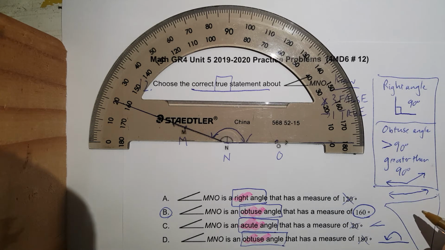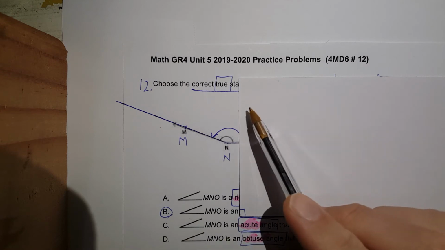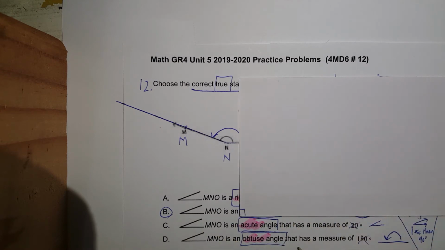And the last one we have is an acute angle. These are really small, less than 90 degrees. If you take an index card and put it in, right away this is a 90-degree angle.